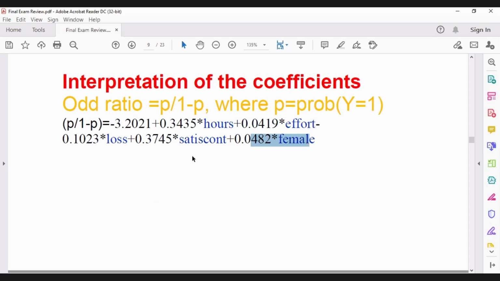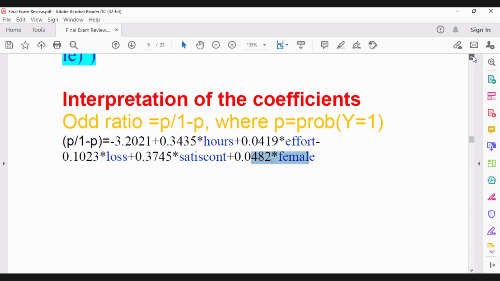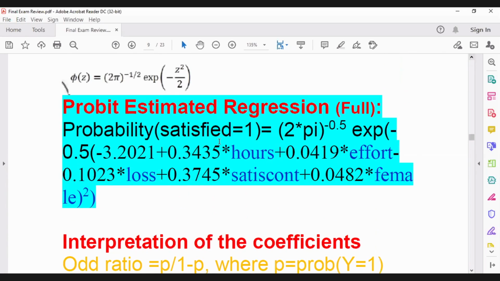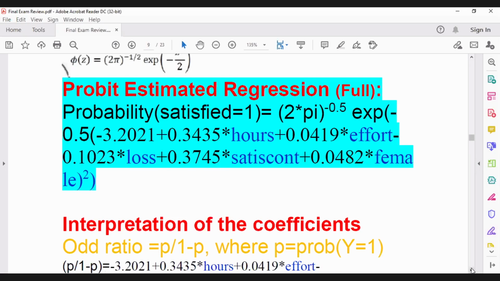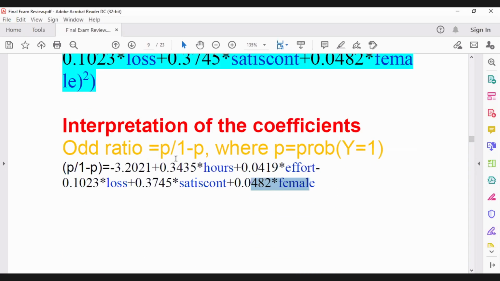This is the linear form. So this is the nonlinear form or the original form of the probit model. This is the linear form of the probit model after having applied a log transform to both sides of the equation. You end up with this linear form.